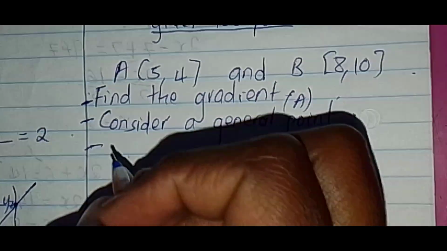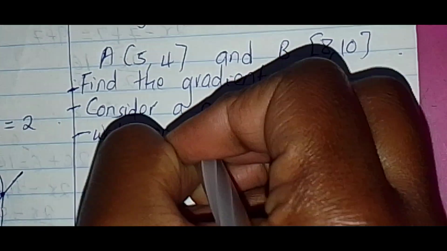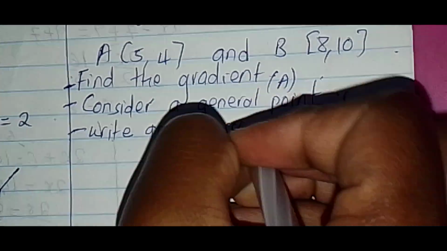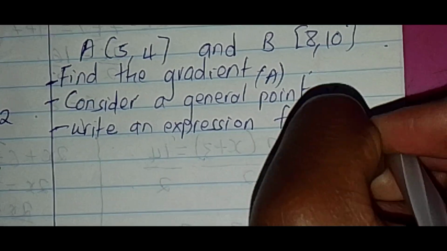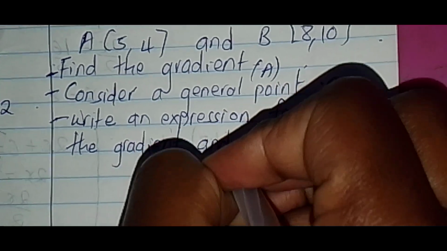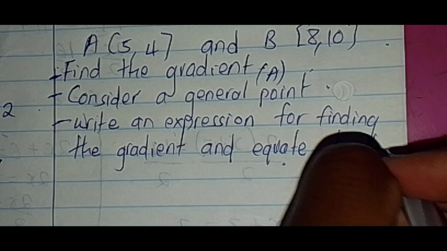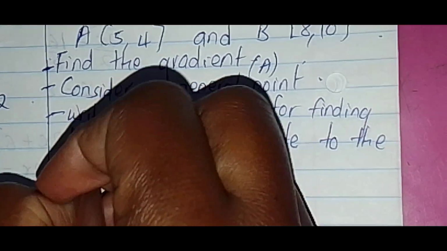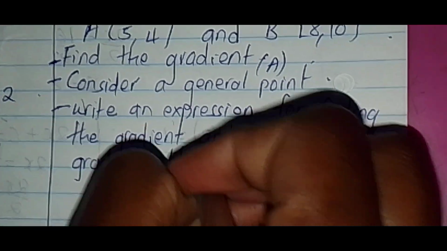Then using the general point, write an expression for finding the gradient and equate it to the gradient obtained in step 1.